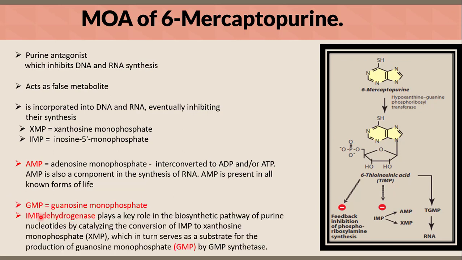The IMP dehydrogenase, or inosine 5-monophosphate dehydrogenase, plays a key role in the biosynthesis pathway of purine nucleotides by catalyzing the conversion of IMP to xanthosine monophosphate, or XMP, which in turn serves as a substrate for the production of guanosine monophosphate, or GMP, by GMP synthase.